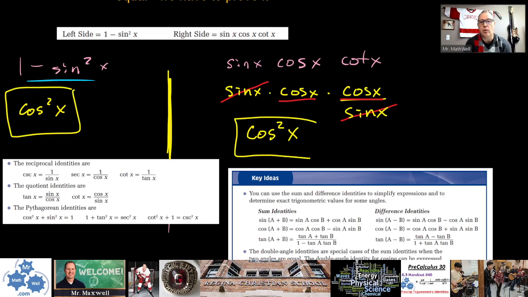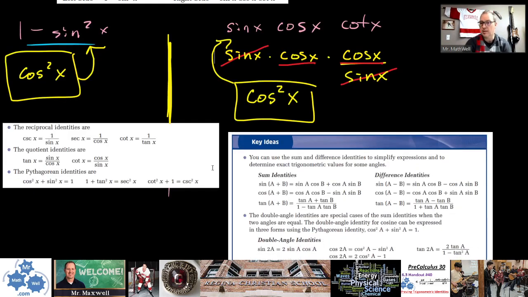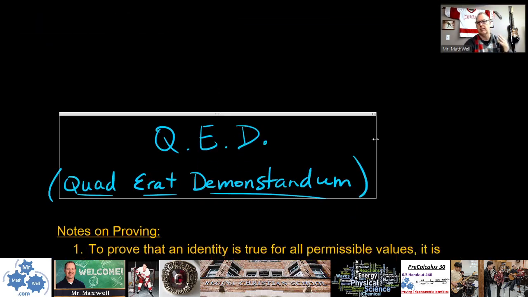So if we work backwards now, I can say that 1 minus sine squared x is actually the same as sine x times cos x times cotan. Okay? So this is what we've been doing in 6.1 and 6.2. We've been using our identities, and now we're going to be proving that one side is the same as the other side.